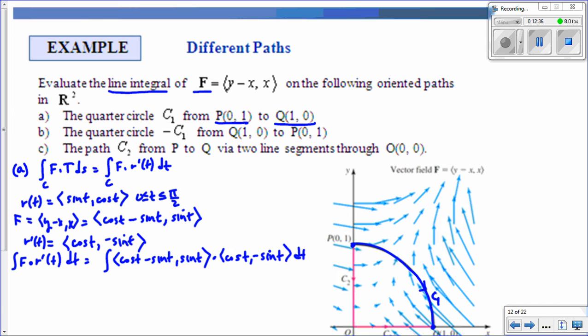And now the parameterization that we had has t going from 0 to pi over 2. Okay, do the dot product. We'll have cosine of t here times this whole difference. So we'll have cosine squared of t minus sine t cosine t plus negative sine of t times sine of t.